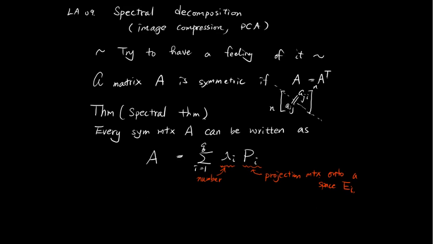So you will have the following properties. Kind of ignore the first one. This is only for mathematical correctness. The sum of these projection matrices is equal to the identity.